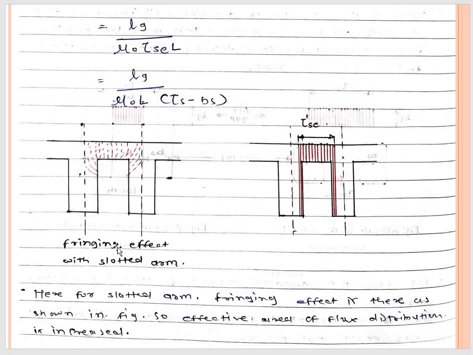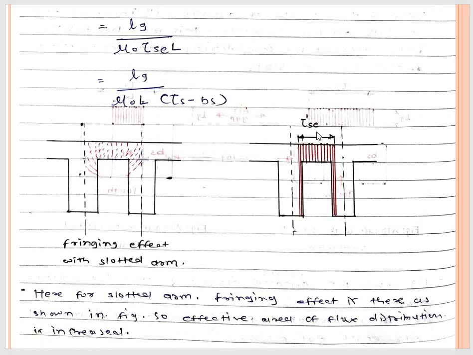We know that in the fringing effect, at the edges of the tooth, the flux will spread. That's why the effective area of the flux will increase. So now we will consider the fringing effect like this, and we will increase the value of tau se to tau se dash.